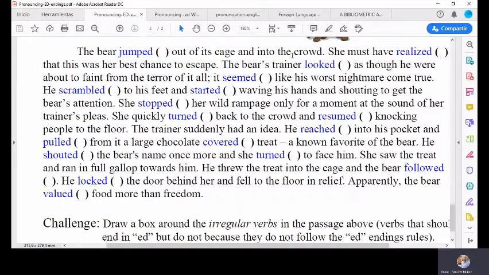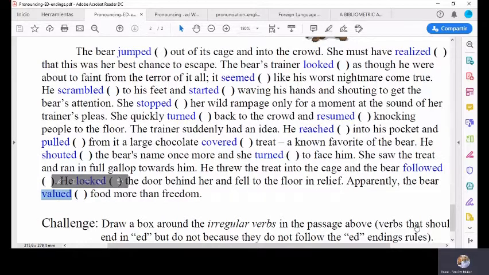We have jumped, realized, looked, seemed, scrambled, started, stopped, turned, resumed, reached, pulled, covered, shouted, turned, locked, followed, valued. As you can see, some of them have a voiceless t, others have a voiced d, and others have an extra syllable.